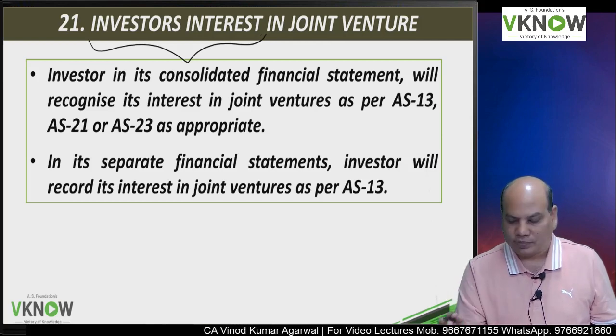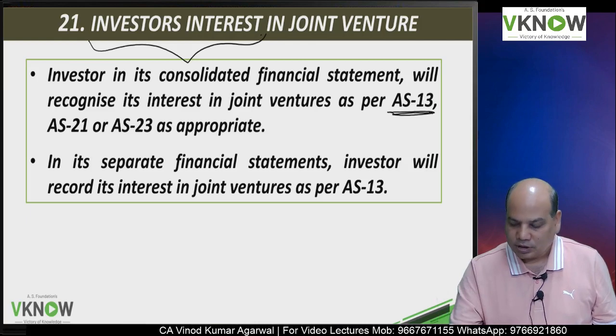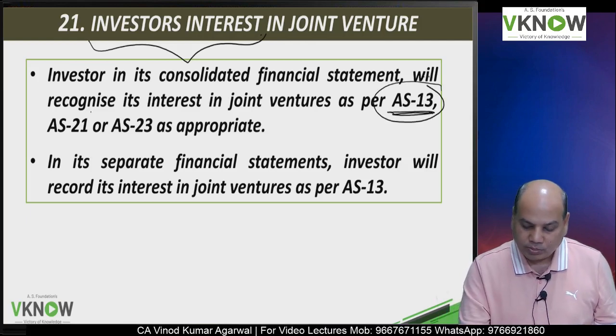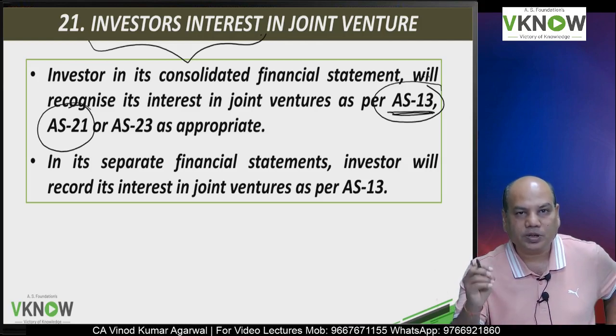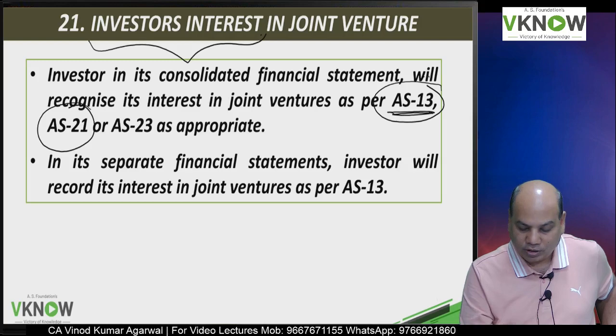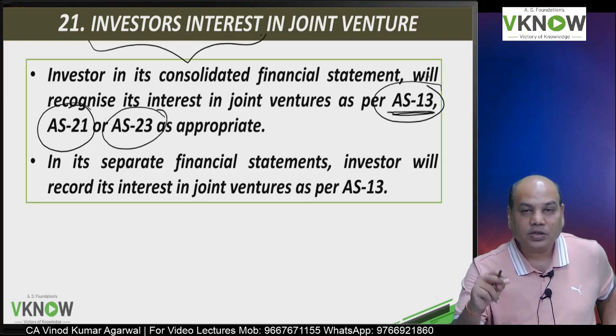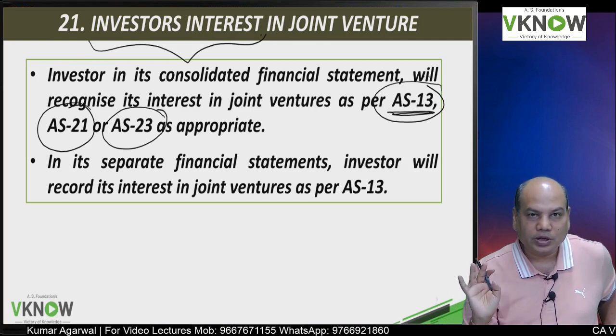If he is just an investor without any special rights, he will apply AS 13. But if he is holding more than 50% share in voting power, he will apply AS 21. If he has significant influence, then he will apply AS 23.